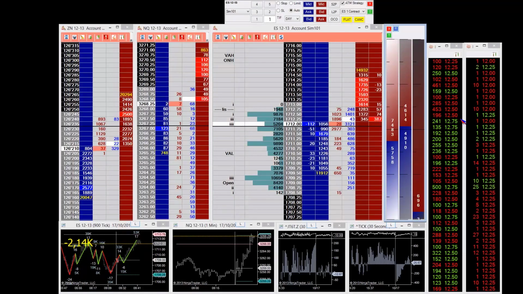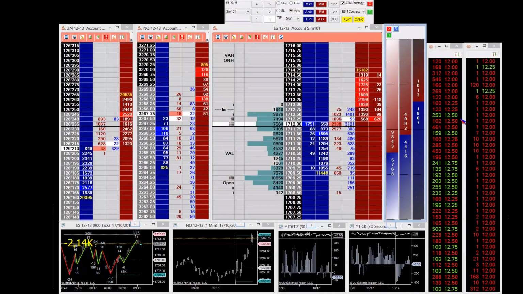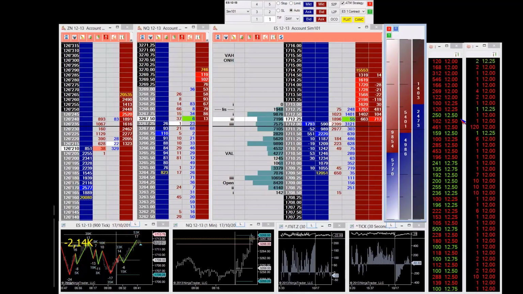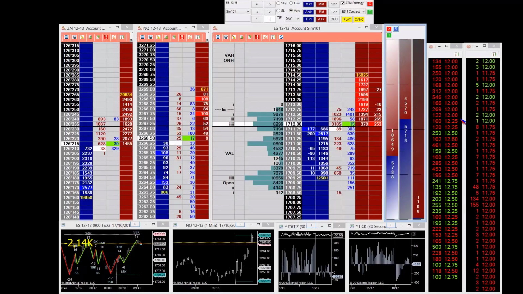We actually truncate the front of the price, so what you're seeing there is 100 contracts traded at 12.25. Red is a sell, green is a buy. We've got a time and sales on the left showing us transactions over 100 contracts, and a time and sales on the right showing us transactions of any size.